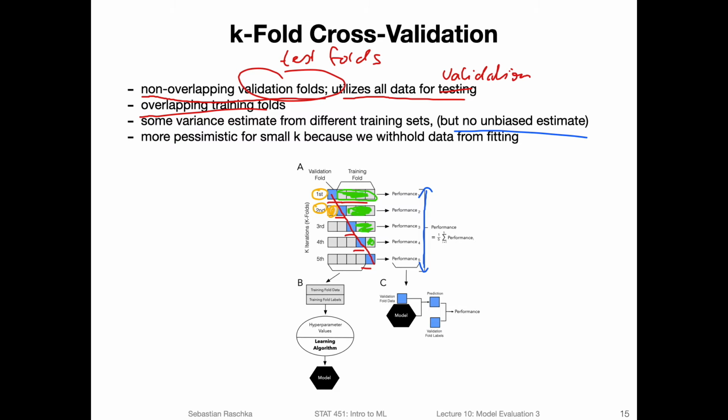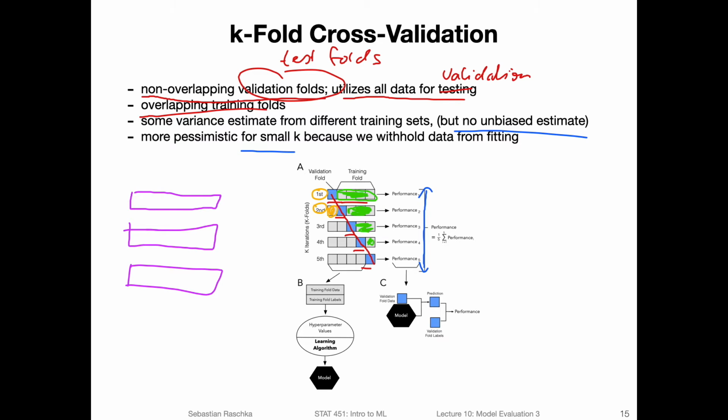Another thing to notice is that if we make k smaller, the estimate will become more pessimistic. Why is that? If we make k smaller, we have fewer data points for fitting the model in each round. Consider a case where I have this data set and I only do k-fold with k equals 3.